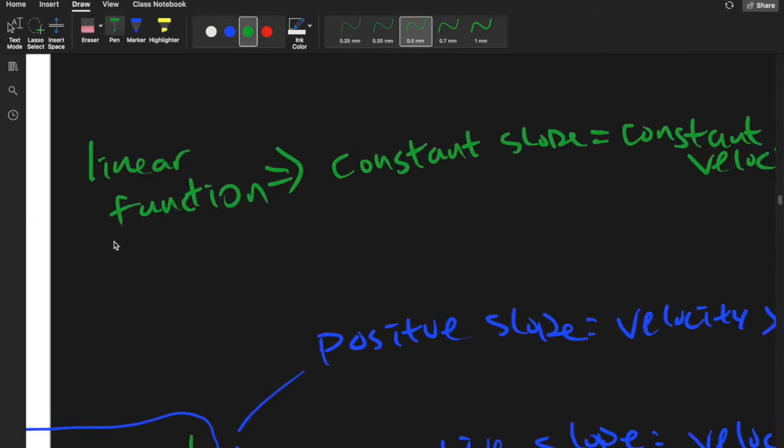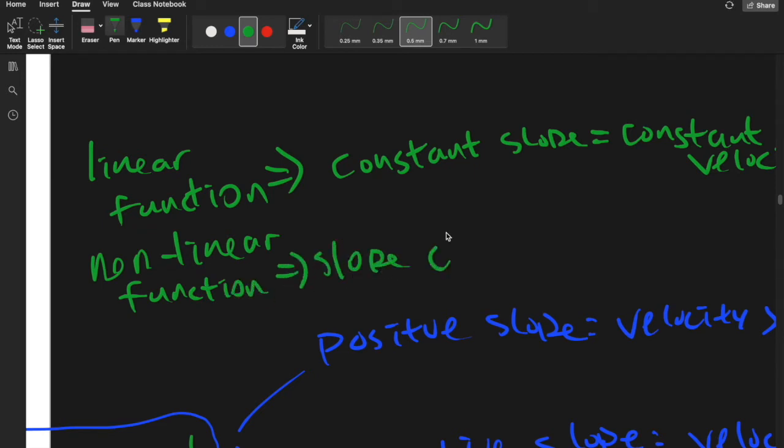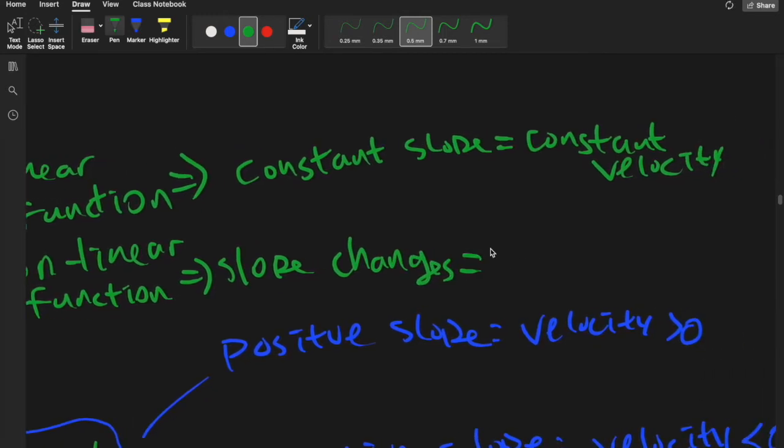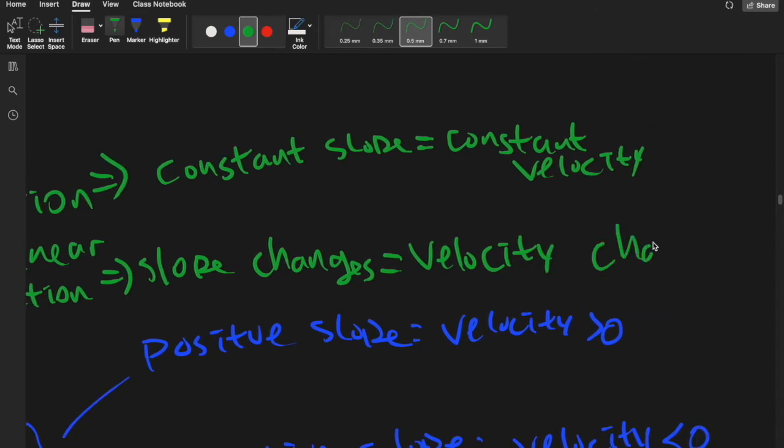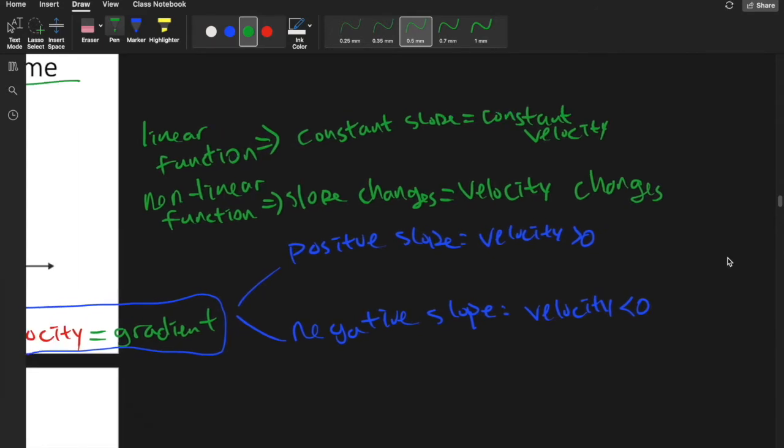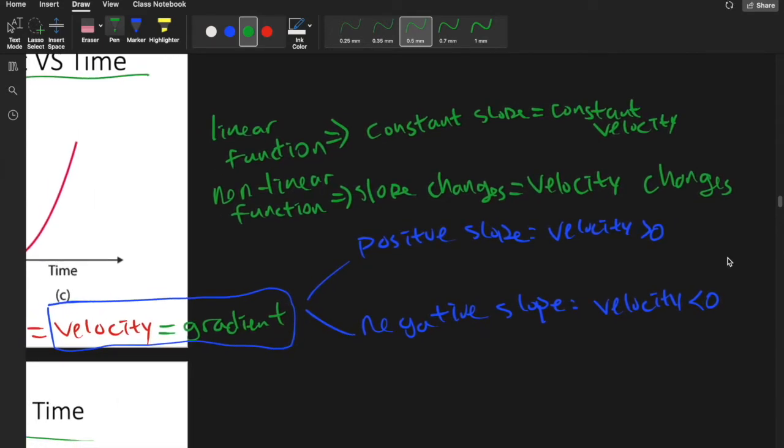And a nonlinear function means the slope changes, which means the velocity changes. So this is what we can know from a motion diagram of displacement versus time.